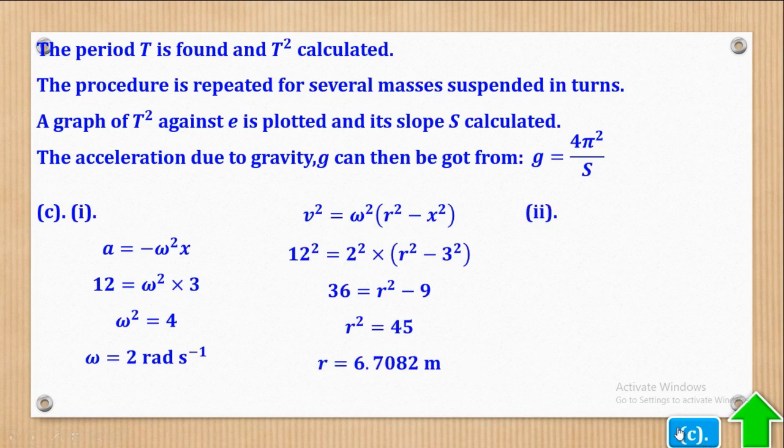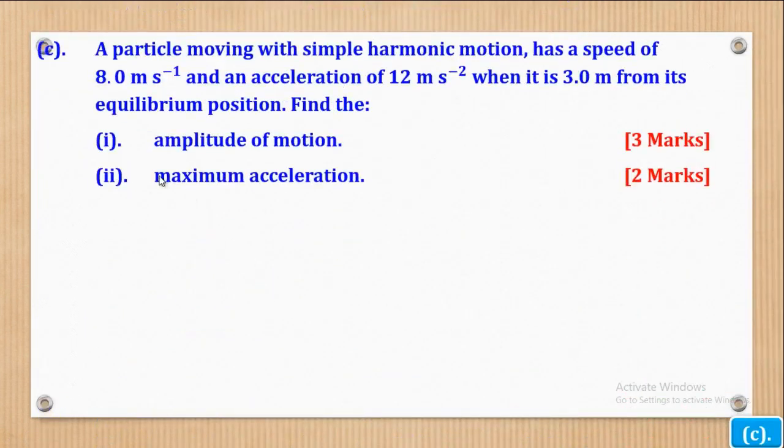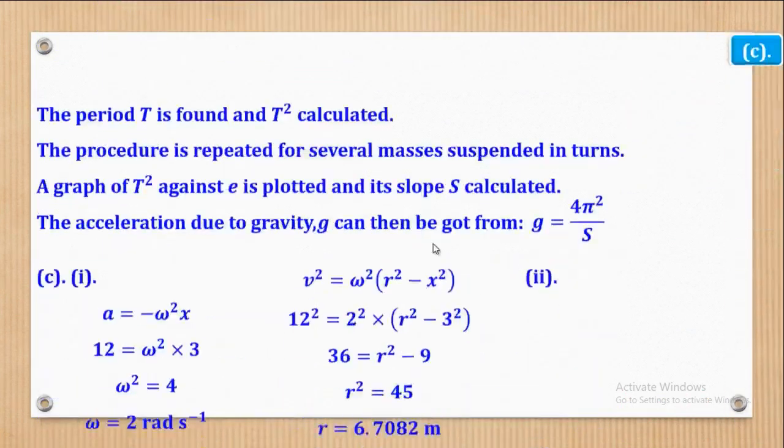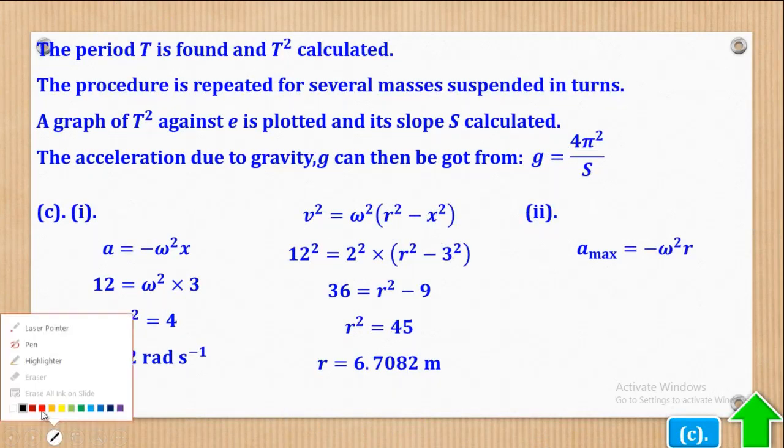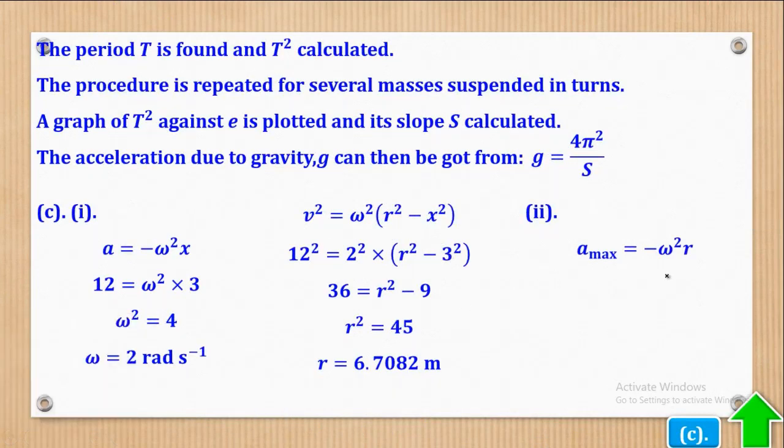For Roman 2, they wanted maximum acceleration. So acceleration is maximum when the displacement is maximum. Therefore, maximum acceleration will be when the displacement x is equal to the amplitude. So I'll come and substitute for omega, and for r, like I said, this negative is ignored in the calculations.